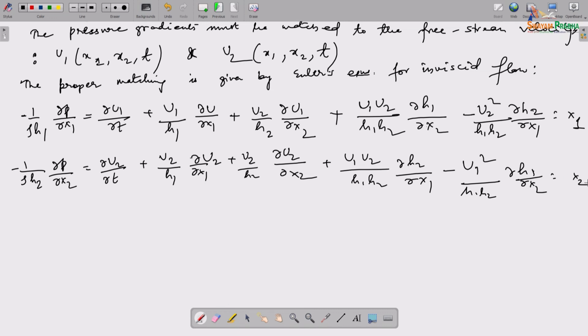So, this is the correlation between the pressure gradients and the velocity components in the two coordinate directions. So, we did all that. Then what we finally need is boundary conditions including a porous wall.